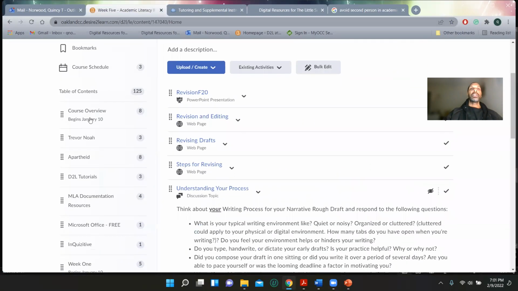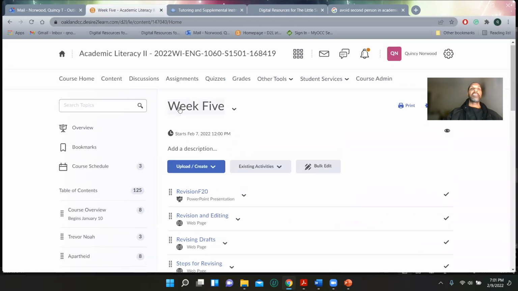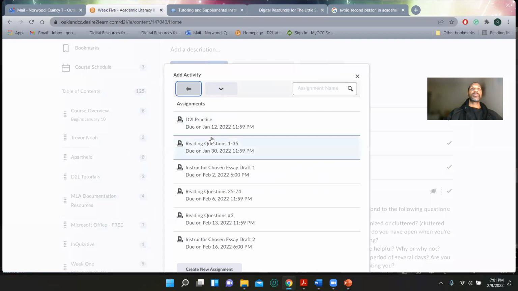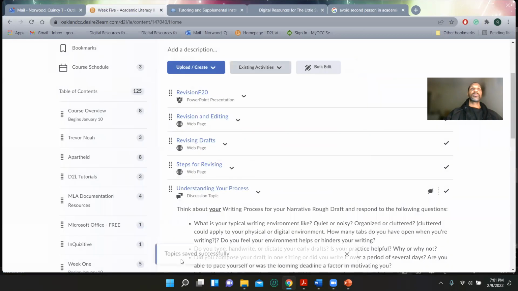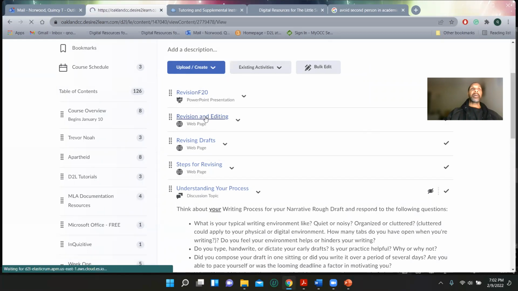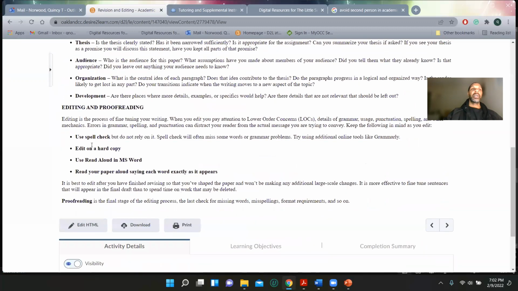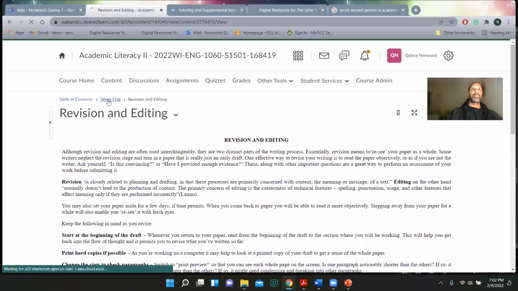Okay, if we look in the week 5 module, we'll see a few things. This is what we were just looking at, these slides. It's the very first thing. This is more tidbits reinforcing what we were just going over.